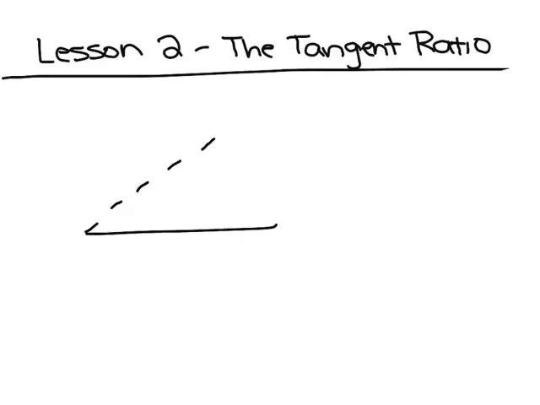Your angle of inclination is the acute angle between the horizon and a line. So if this is the horizon, and this is your line of sight, this right here is your angle of inclination.